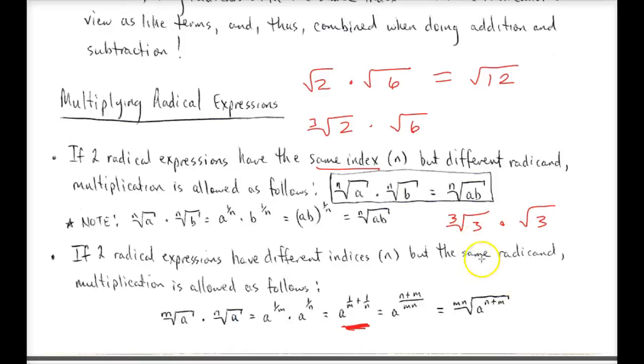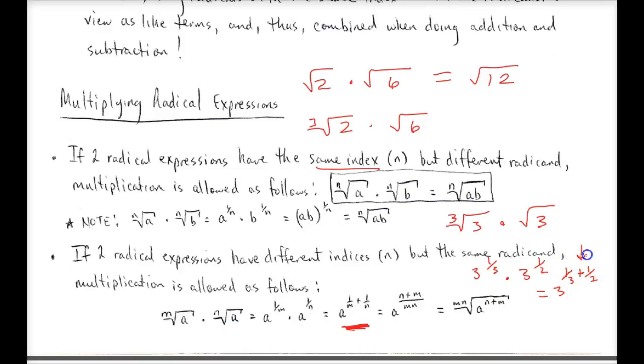In that instance, in order to multiply and combine this together, I would have to change cube root of 3 as 3 raised to the 1/3, and then take square root of 3 and change it as 3 raised to the 1/2, and then use my exponential properties to say this is the same as 3 raised to the 1/3 plus 1/2.